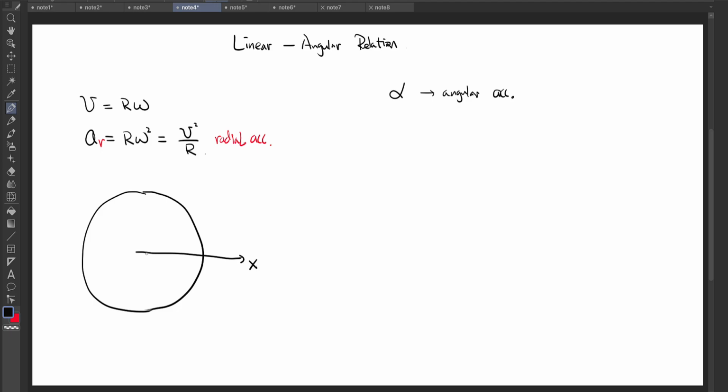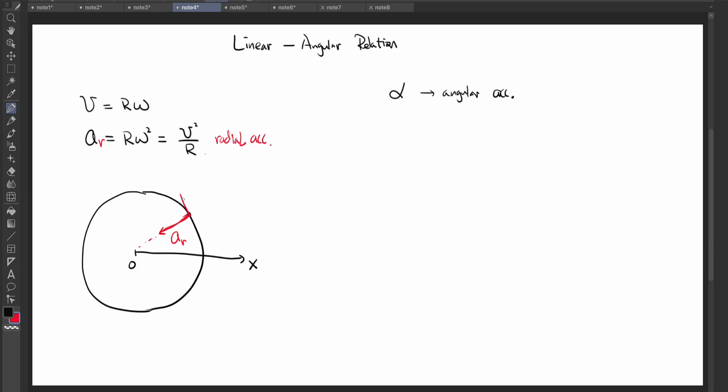Now that's the x-axis, and that's O, and then the object is here, and then we already said that there's a radial acceleration AR here. Now, how about this direction?